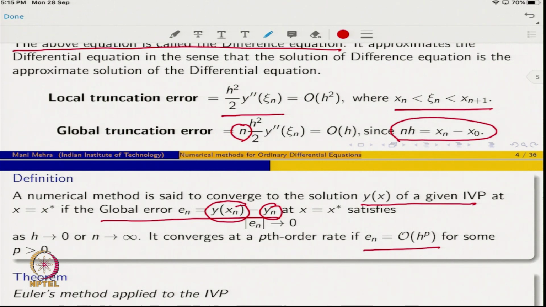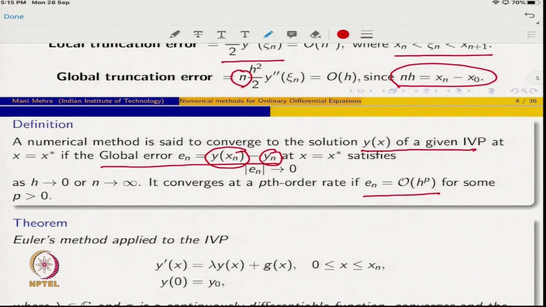It converges at a pth order rate if En is order of h to the p for some p greater than 0. So, this is a more formal definition of how you define the convergence of a numerical method.